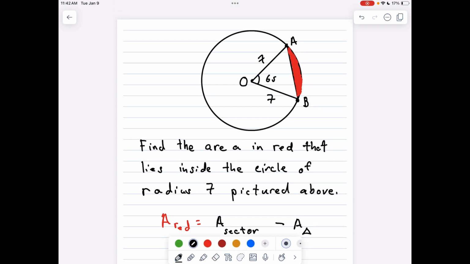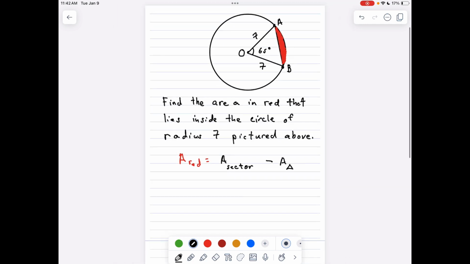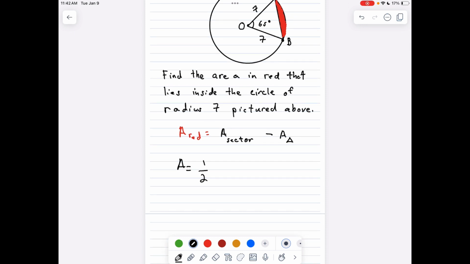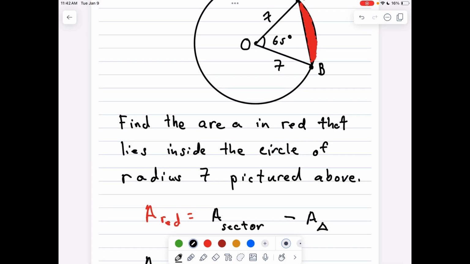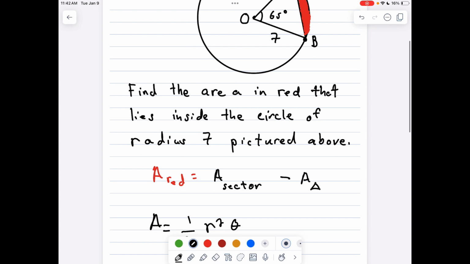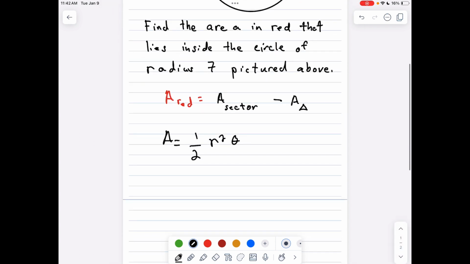Now, how do I figure out, first of all, the area of the sector? We have a formula that says the area of the sector of a circle is 1/2 r squared theta, but theta has to be in radians. I don't have that here. My angle is 65 degrees, so I'm going to have to convert degrees to radians. How do I do that?